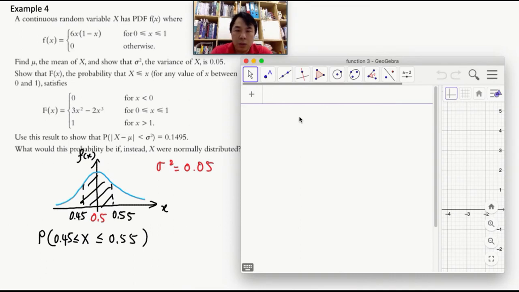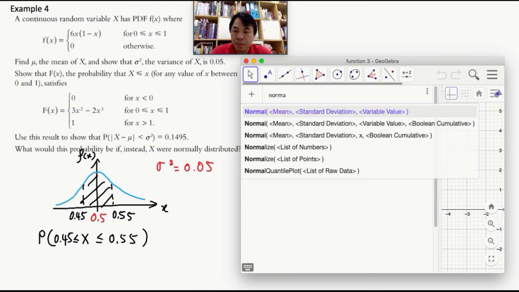So by using the normal distribution methods, you have to refer to the data booklet usually, or in this case, we can use a piece of software here. All right, now let me see what we have here. We have a normal with the standard deviation, and then variable value, and cumulative Boolean. Whether we are interested to calculate the total area itself or not.